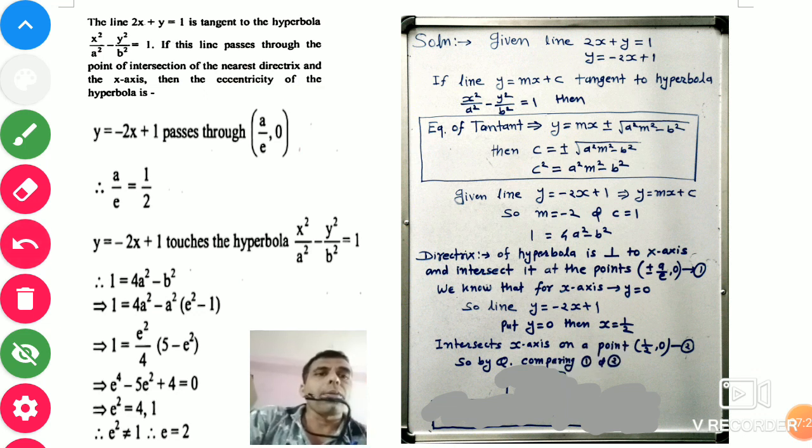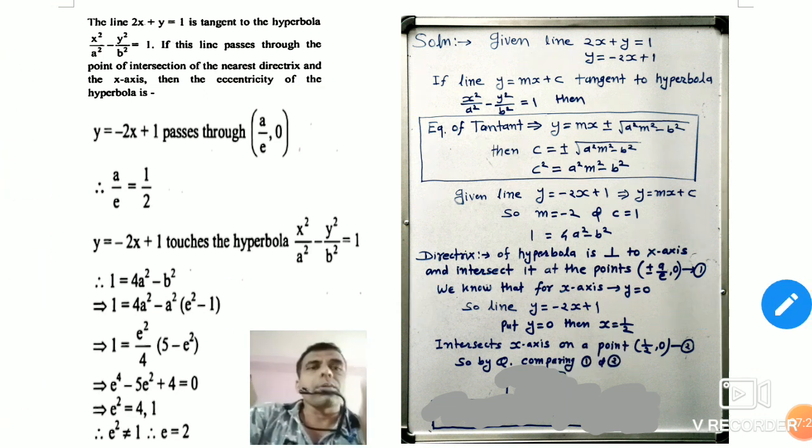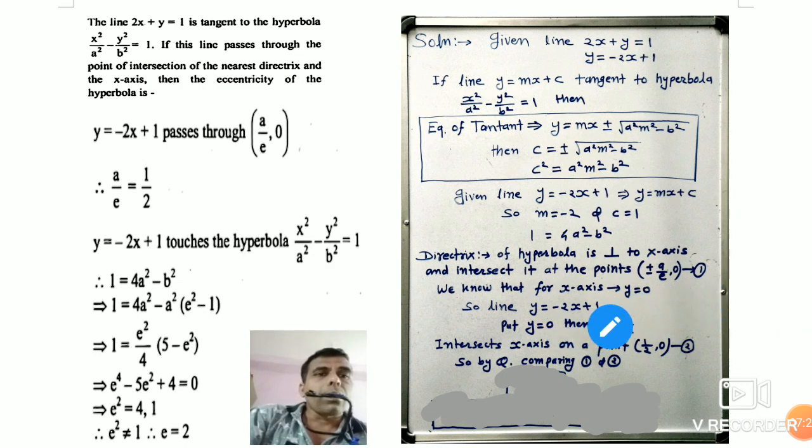So put y is equal to 0 in the given line y is equal to minus 2x plus 1, then x is equal to 1 by 2. So this line intersects the x-axis at the point 1 by 2, 0.